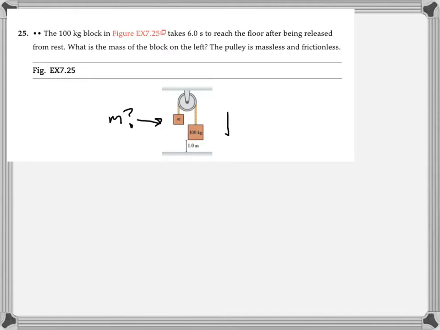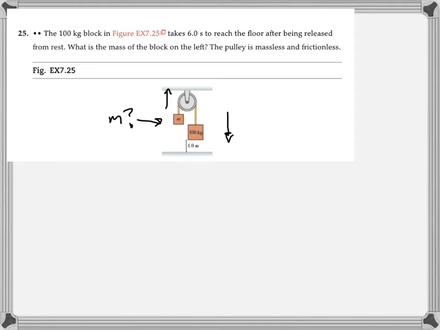In this setup, this block is going to go down and the mass m is going to go up. So the idea would be to use the distance and the time information to figure out the acceleration of the 100-kilogram block. Knowing the acceleration of that block, we know the acceleration of the other block, the m, lowercase m.